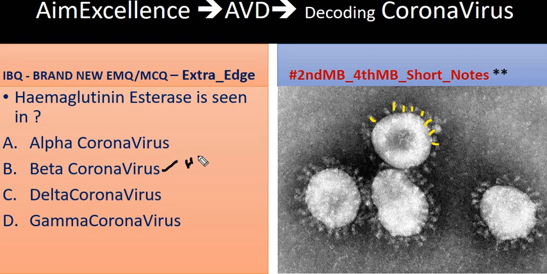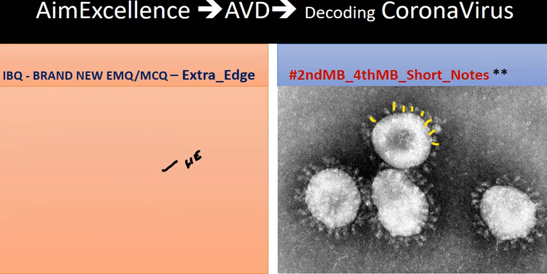This can be your future question. They may not ask you about the symptoms and signs. In exams like JIPMER or AIIMS, they can give this sort of hemagglutinin esterase question integrated with an image-based question. They can easily ask about this particular facet. Though beta coronavirus of this type generally does not affect human beings, it is a murine coronavirus.